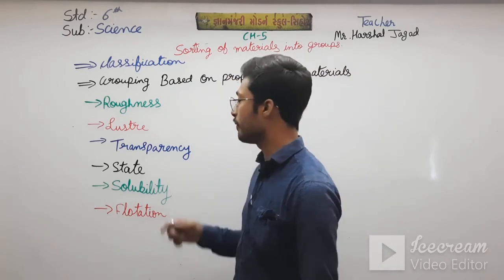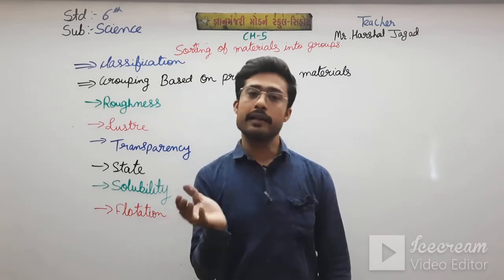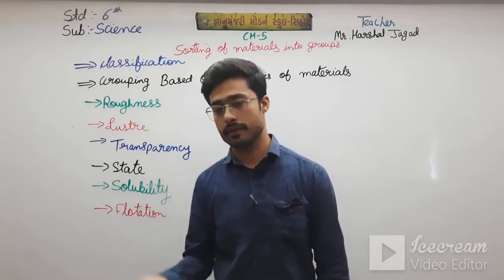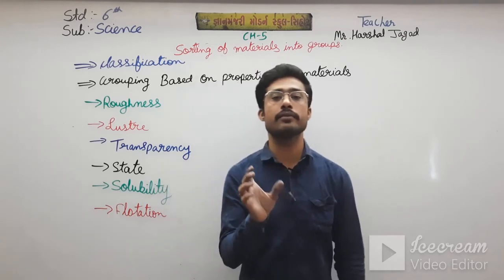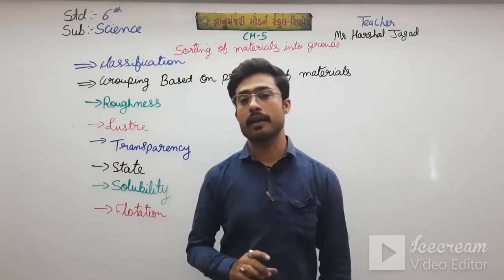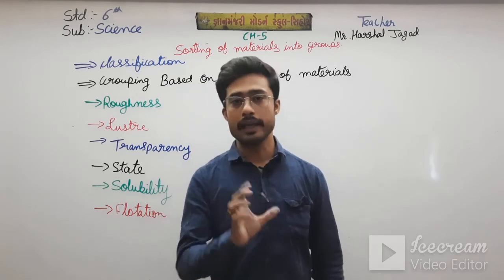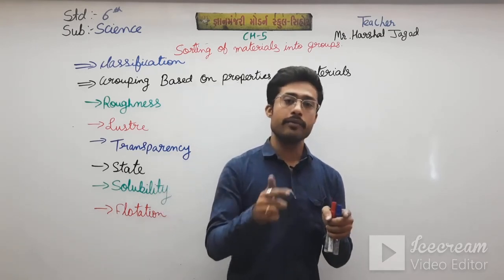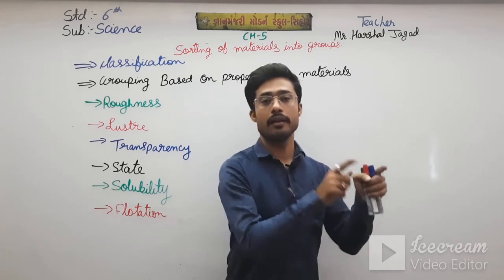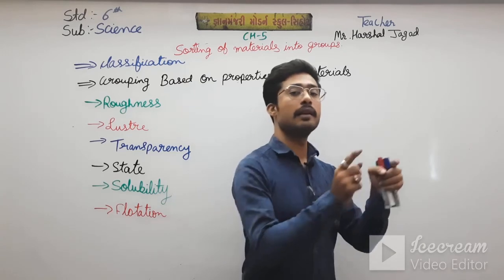Then we come to the solubility of solids in liquid. Some solids dissolve and some do not. The solids which dissolve in liquid are known as soluble, and those which do not dissolve are known as insoluble. And for solubility of liquids, the liquids which dissolve in liquid are known as miscible liquids, and those which do not dissolve are known as immiscible liquids.